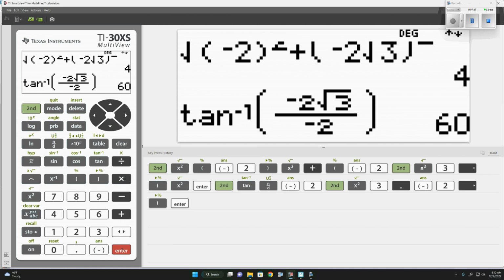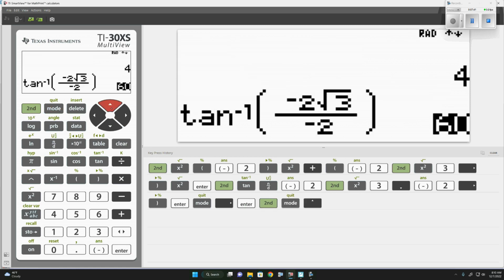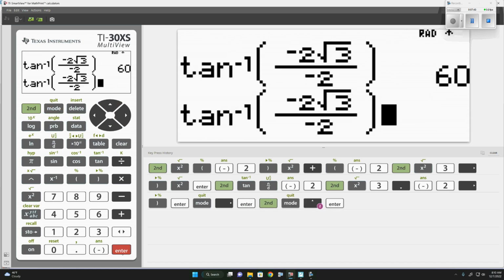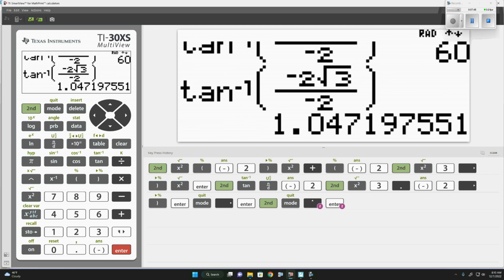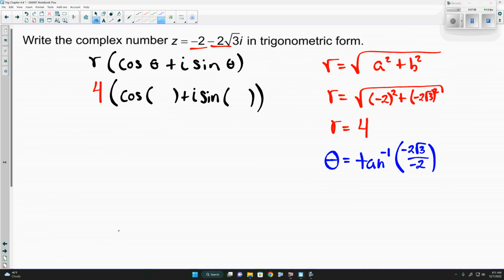So 60 degrees. Now if we had it in radians, it won't tell us that it's 60 degrees. It'll tell us that it's this decimal or pi over 3. But pi over 3 and 60 degrees are the same number, same angle. Not same number, but same angle.